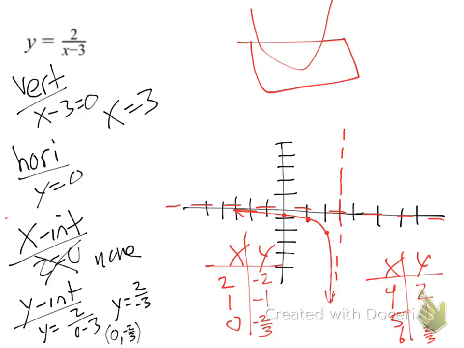And the other side at 4, 2, 5, 1, and 6, 2/3 goes in the top right corner. You're done. Follow the simple rules. This should not be bad. Okay?